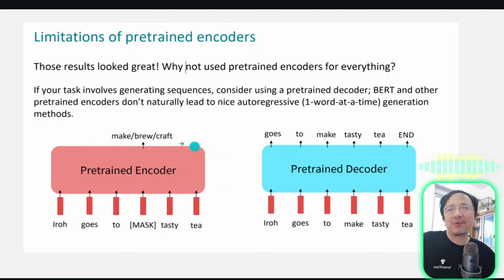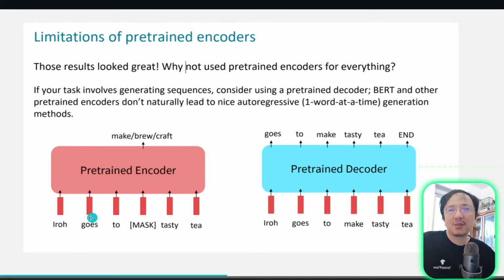However, for the encoder, if you want to simulate the same thing, we probably have to do something like this: if we have the first three tokens, we add a mask and ask it to predict the next one.